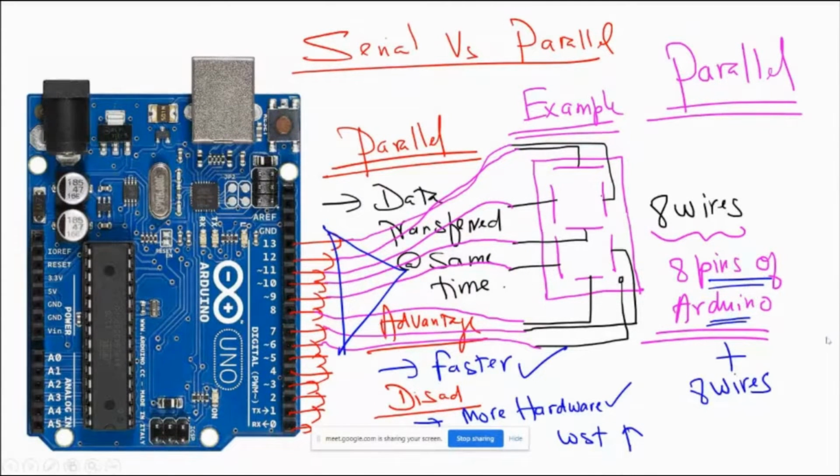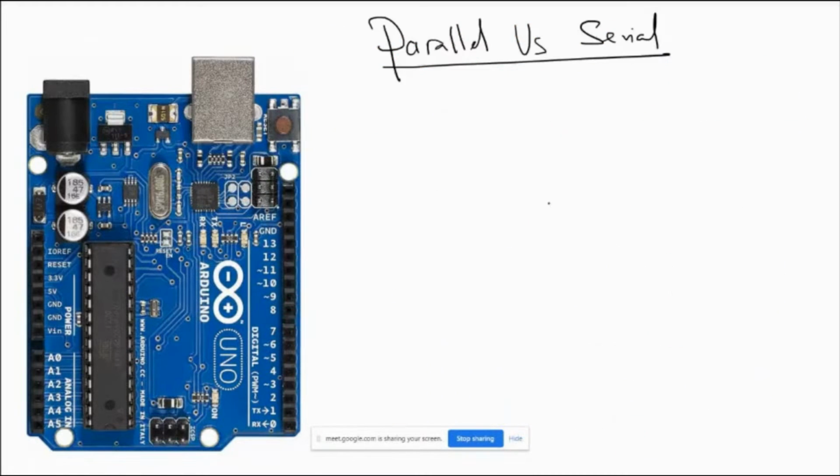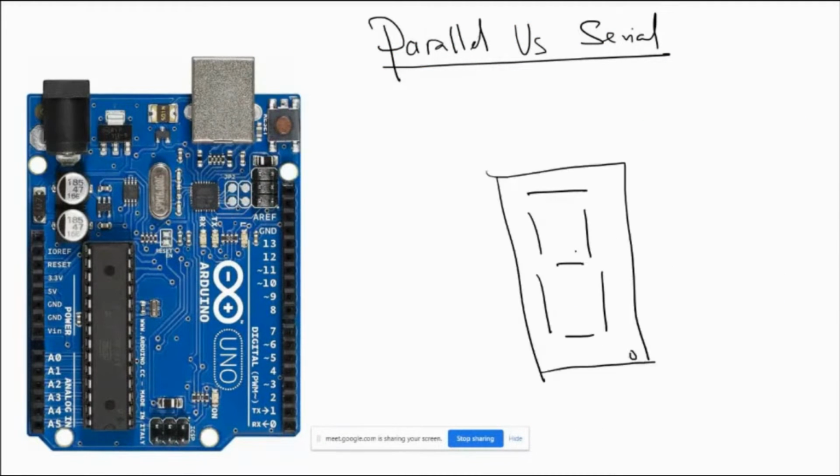What is serial communication? On the other hand, again, I have the 7-segment display. Suppose I am planning to communicate with this 7-segment display using serial mode of communication, how would I do it? For that, the display should have that provision. If that display has the provision for serial communication, then instead of 8 pins, it will probably have only 2 pins.